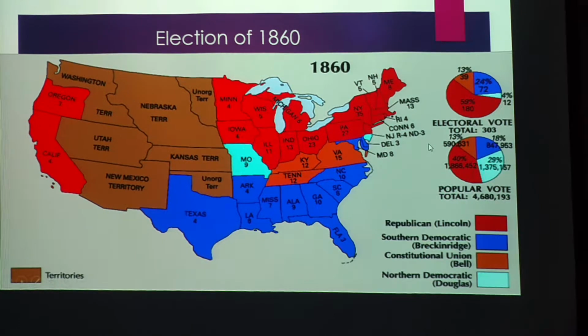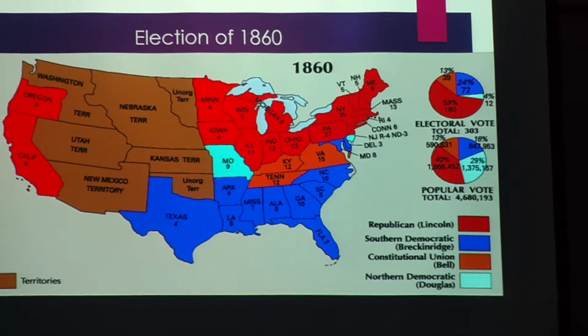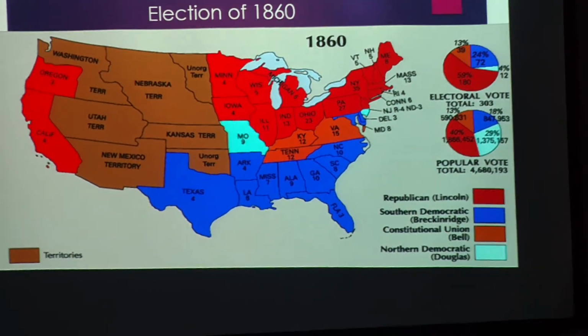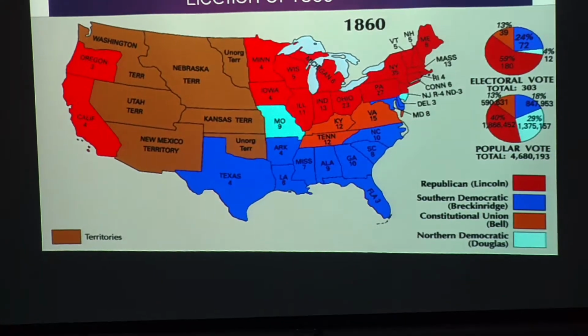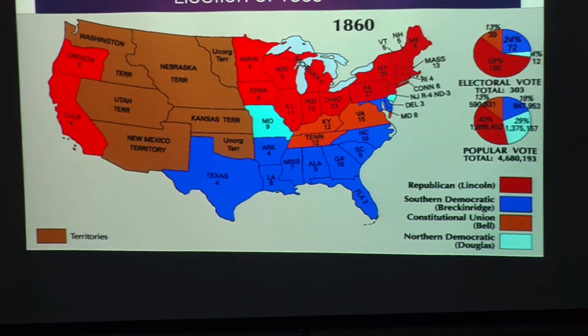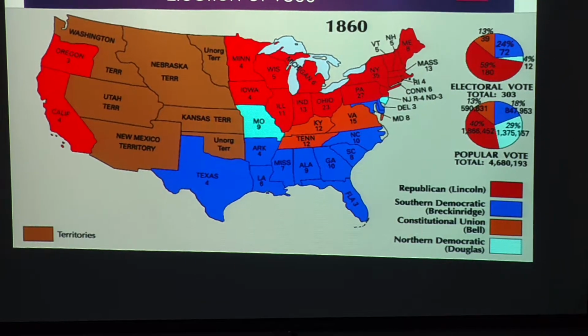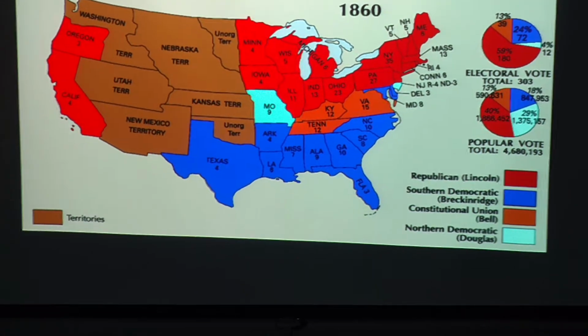Here's the election of 1860 map. As you can see over there, Lincoln wins the popular vote, although he doesn't have a true majority. He does win the Electoral College vote, which is the one that really matters. Just to kind of recap how that works, just so you guys know. The Electoral College is each state is assigned a number of votes based on its population. You guys vote, and then let's say that Lincoln wins 51% of Indiana.